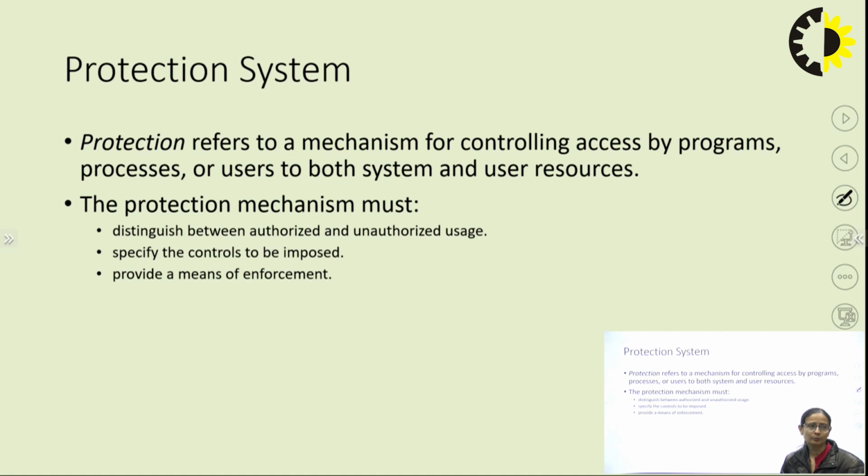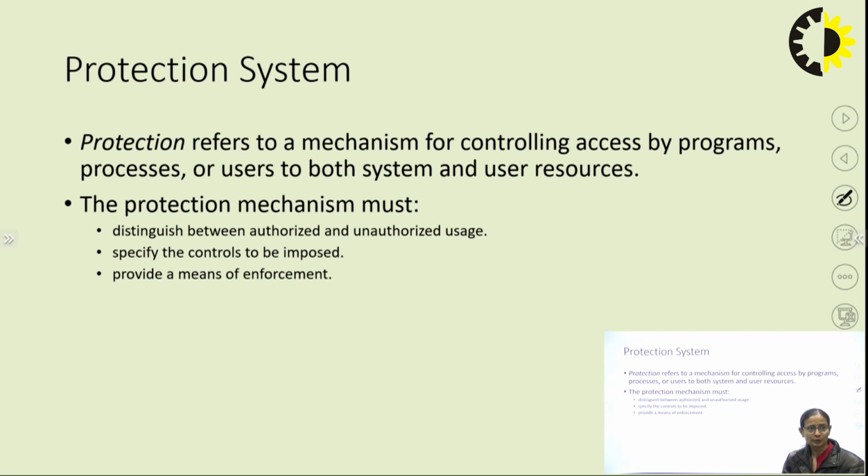Another important component is the protection system. Protection here refers to a mechanism for controlling access by programs, processes or users to both system and user resources. In the OS, basically we deal with the protection part and not the security part. Here protection means that if two processes are running in the system, then both processes should operate in their particular domain.